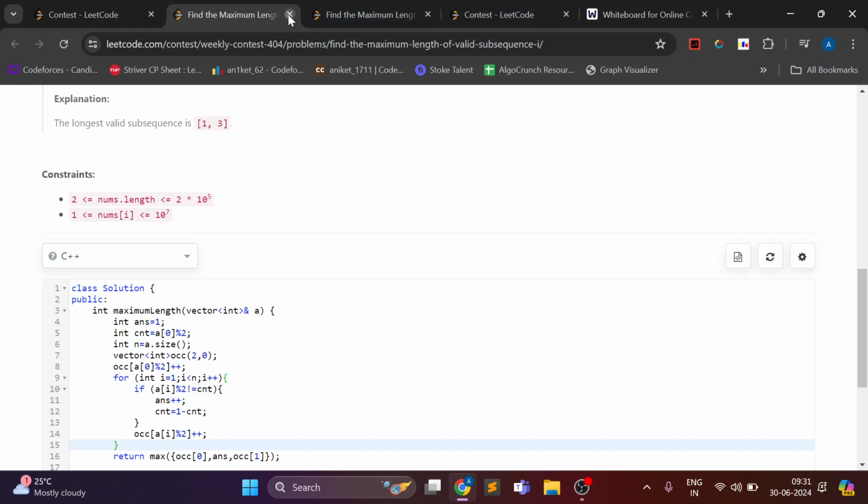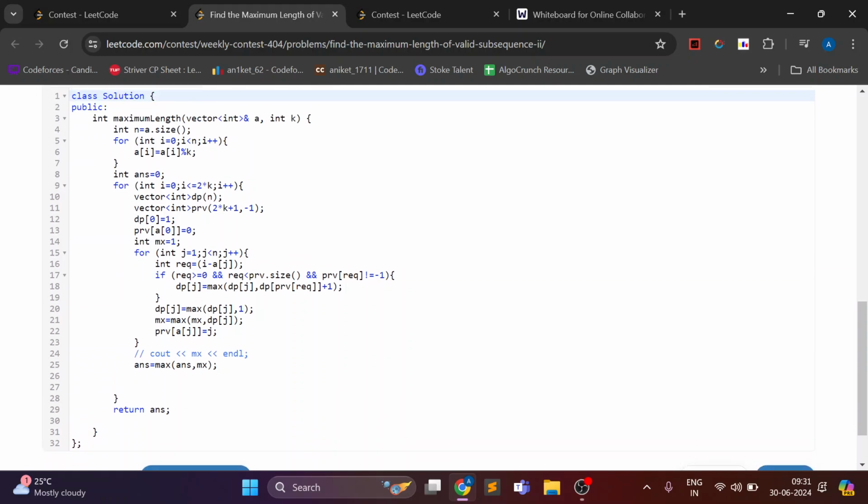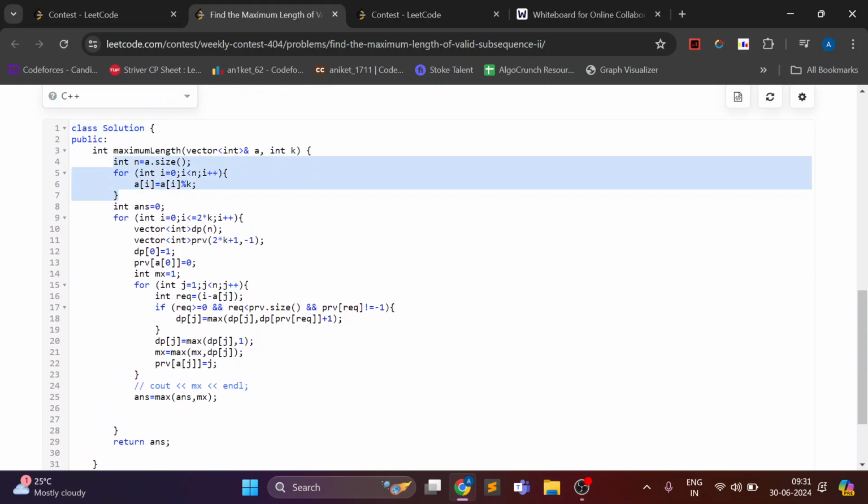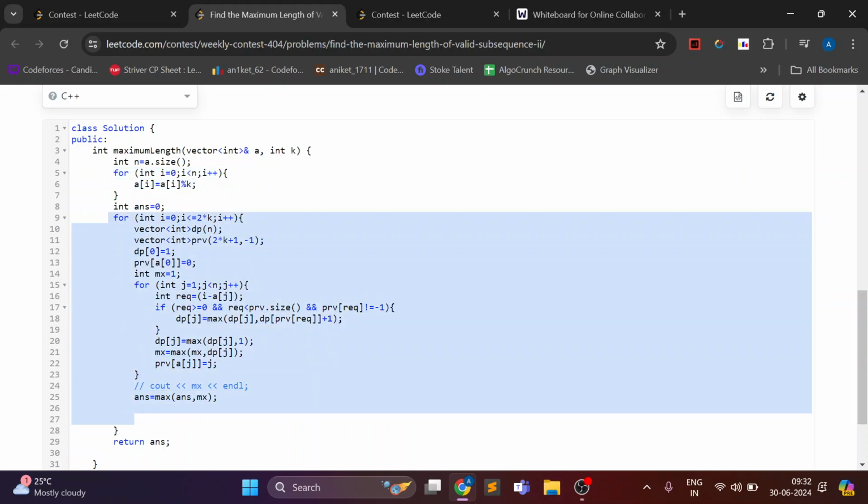So let's see the code. First of all, I am changing every A of I to A of I mod k. Now I will iterate from 0 to 2k.